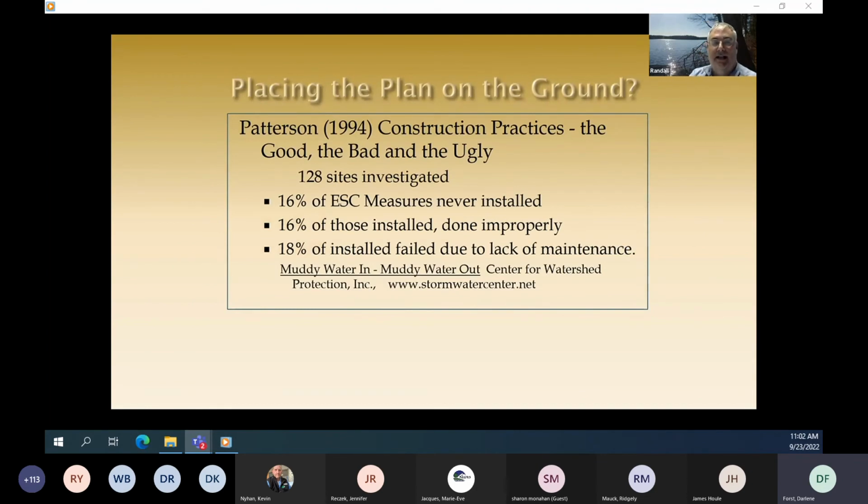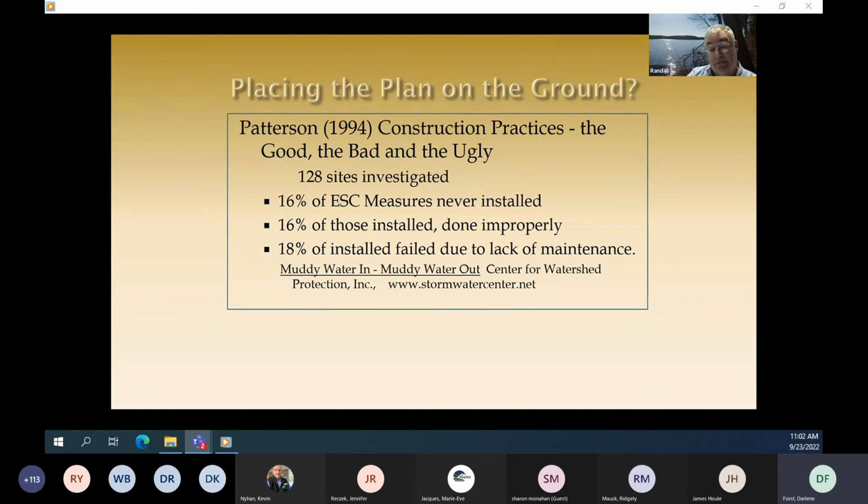In 1994, back in the early days of the National Pollutant Discharge Elimination System, NPDES, which basically started in '92, a study done in North Carolina showed that basically 50% of the erosion control measures were either never installed, installed improperly, or installed and failed due to lack of maintenance.